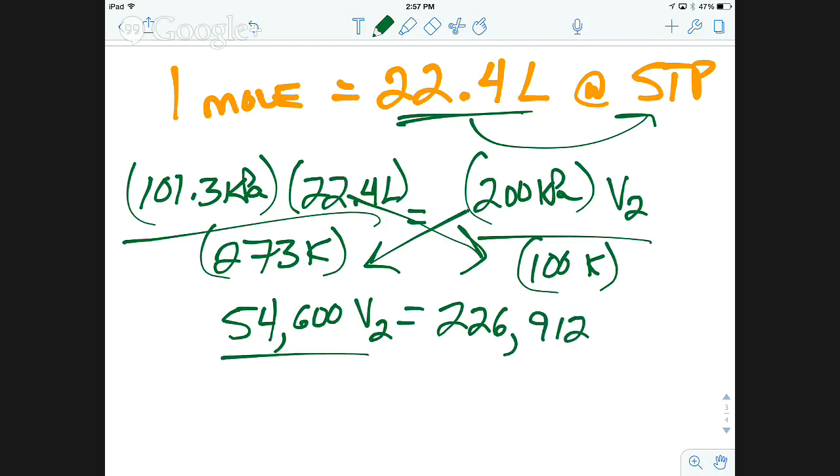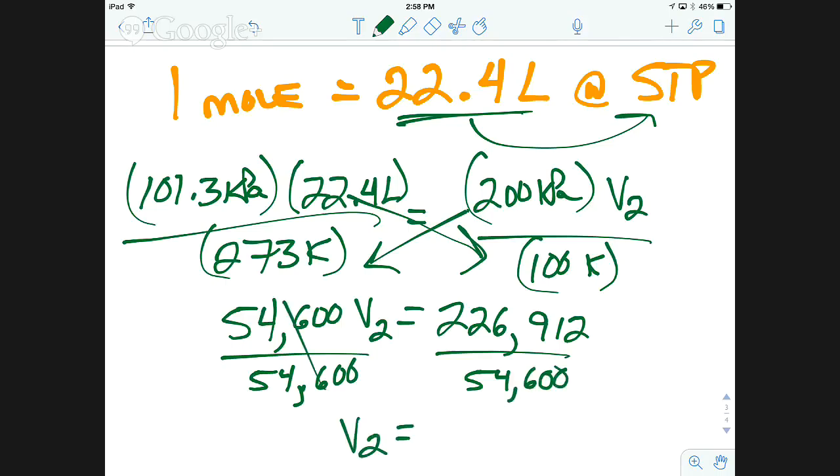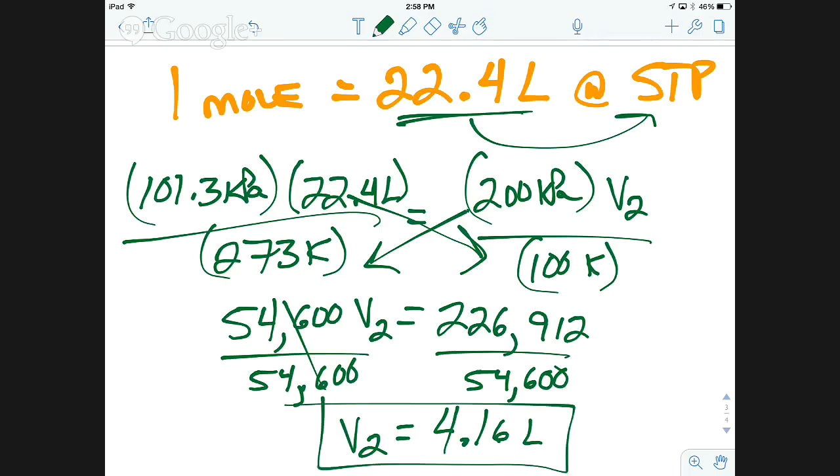So I have to divide both sides by 54,600. And the new volume has to equal, I came up with, we'll call it 16 liters, right? So that's how you solve that one.